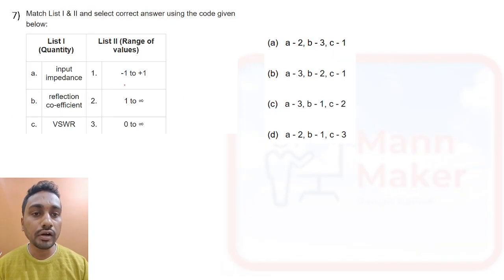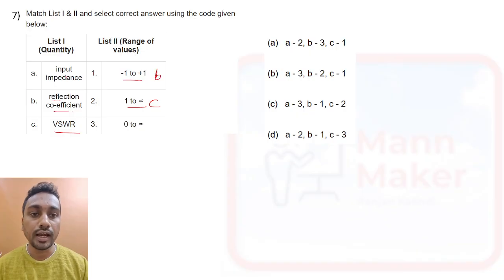Okay. Now again we need to match list 1 and list 2. Just now in the previous question, in question number 1, we have discussed the range of VSWR. That is, VSWR range is 1 to infinity. So C will come here. And then reflection coefficient range is always -1 to +1.